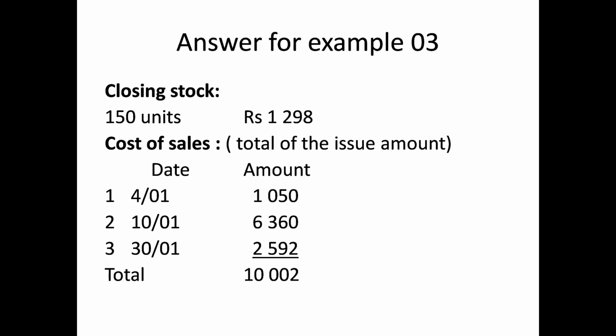Amount of the issue is 1050. Second issue you have done on 10th of January. Amount is 6360. The last issue you have done on 30th January. Amount is 2592. Now you need to get the total of all three issues. You get the total cost of sales as 10,002 rupees.